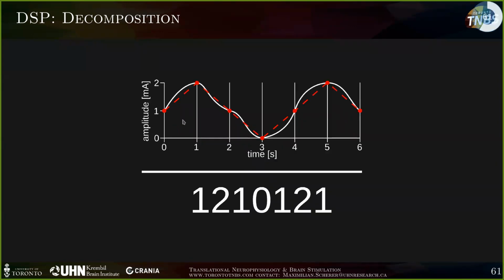If we have our signal here, originally we had this continuous signal, which had an infinite number of individual states. We sampled that, we quantized that, and now we can turn that into a series of numbers, which would be 1, 2, 1, 0, 1, 2, 1. As simple as that.